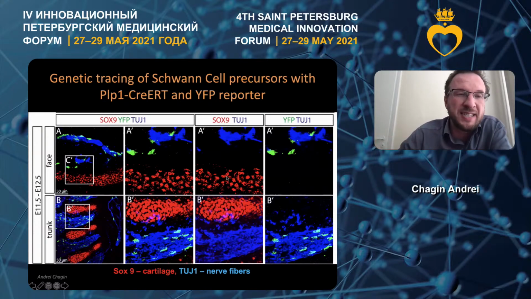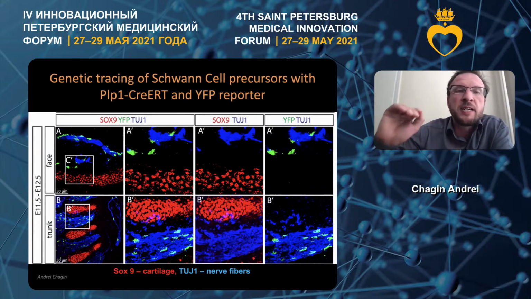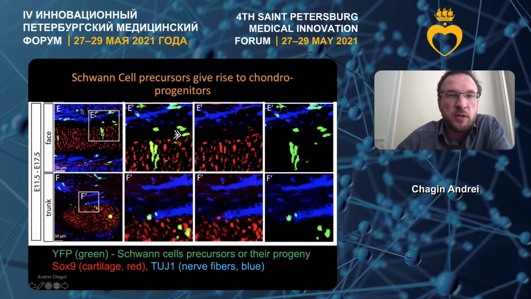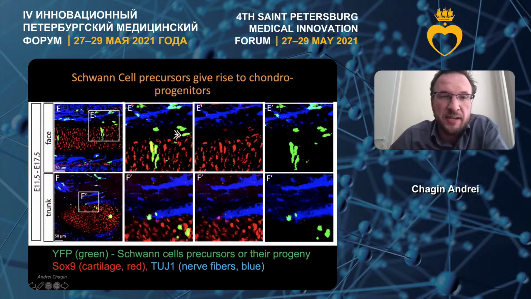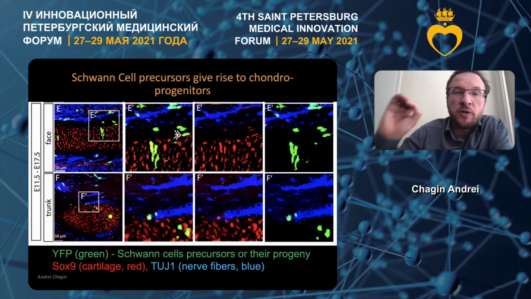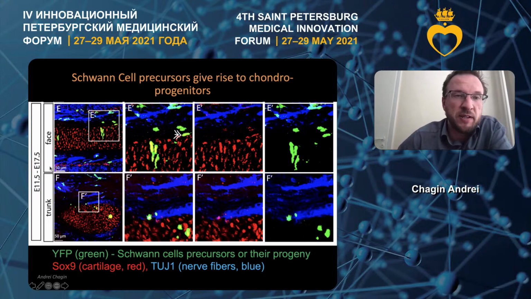But if we do exactly the same, injecting tamoxifen to label those cells at exactly the same time point, but analyze just a few days later, that's what we see. The same green cells we can now see inside the cartilage. So what does it mean? It means that they originated from those cells we labeled at E11.5, which we had seen at E12.5.